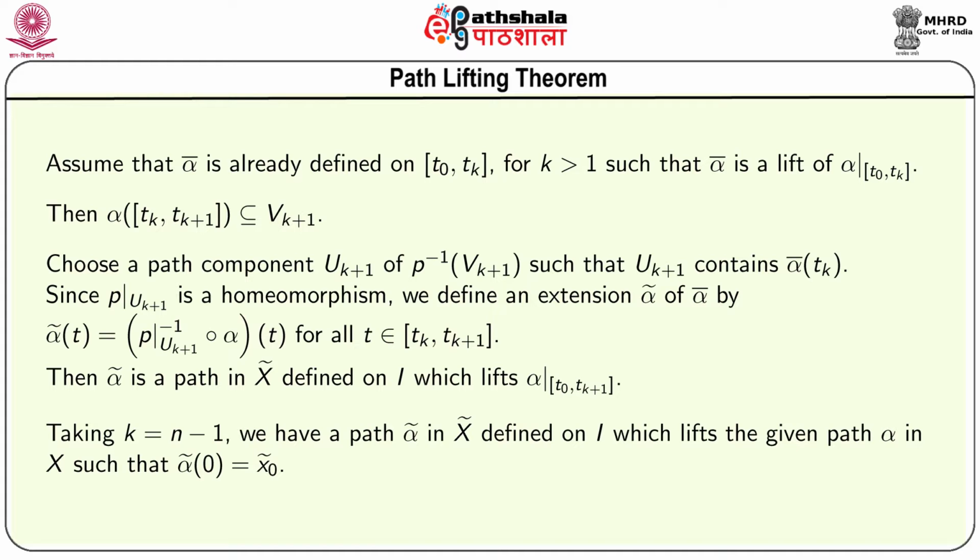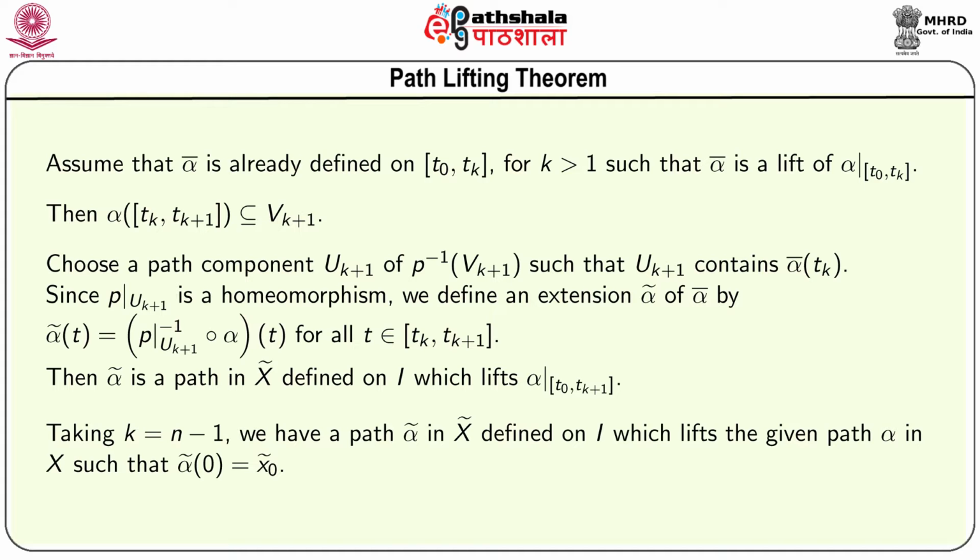Since P restricted to U_{k+1} is a homeomorphism, we define an extension alpha tilde of alpha bar by the formula that the inverse of P restricted to U_{k+1} composed with alpha of t is equal to alpha tilde of t for all t belonging to the subinterval tk to t_{k+1}. Then alpha tilde is a path in X tilde which lifts alpha restricted to t0 to t_{k+1}.